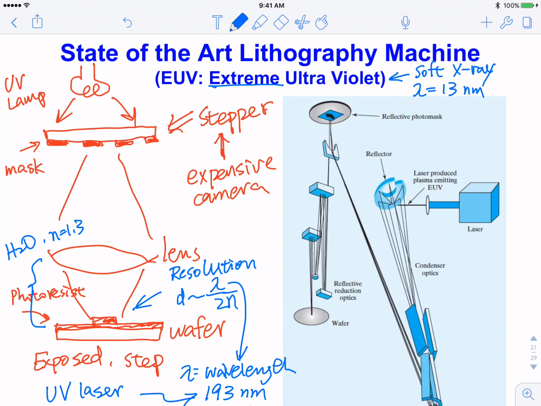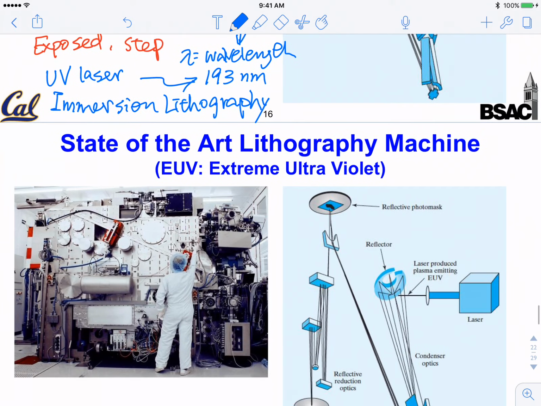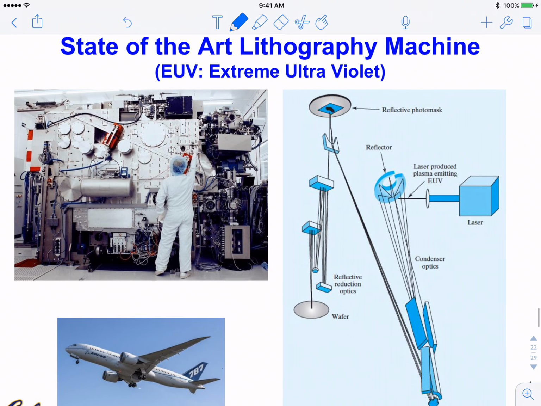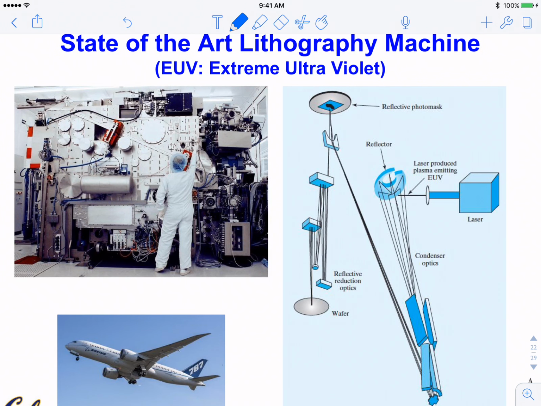And what generates X-ray? Well, it's almost like a tabletop accelerator that generates X-ray. So it took the industry many, many years to develop a robust, reliable light source. And they are on the verge of doing that. So the machines are available in all the advanced foundries. They all have these prototype machines.